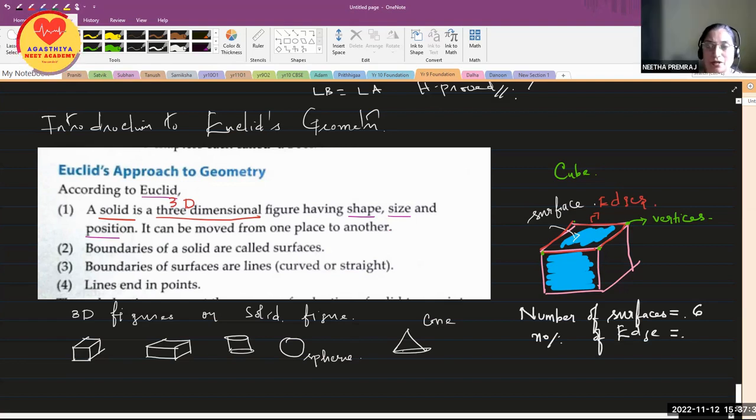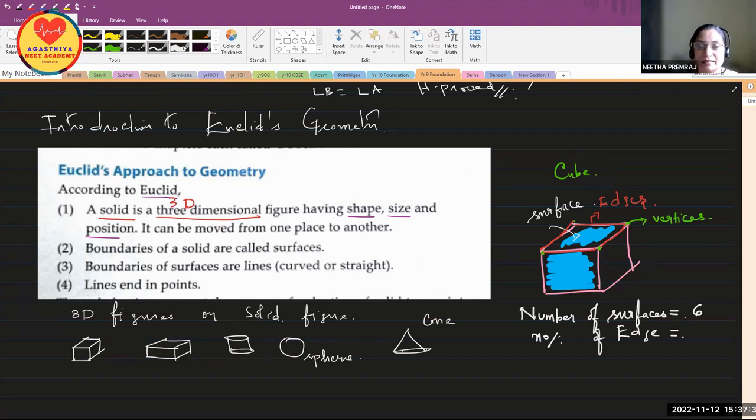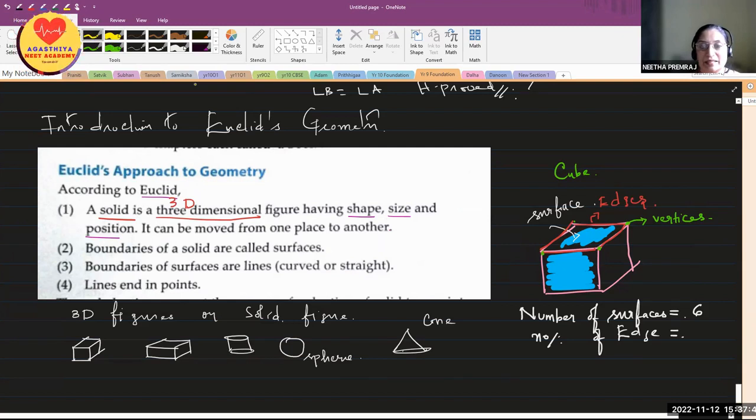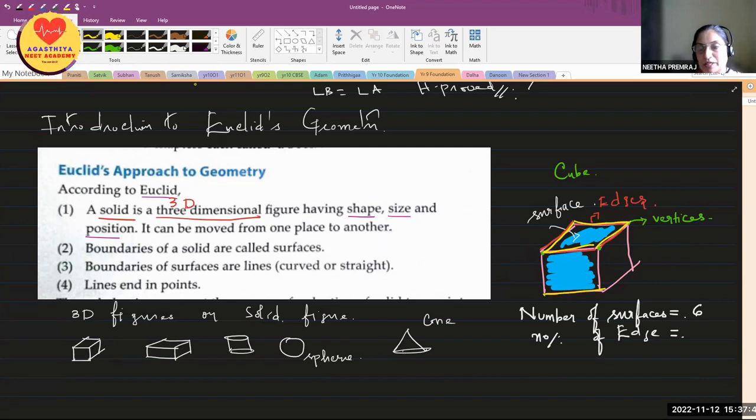Are you sure? I don't think so. On top there are 4 edges, and at the bottom the same, 4 edges. 4 plus 4 is 8. What about these vertical ones? This also has edges, isn't it? That is 4 more. So totally 12 edges.